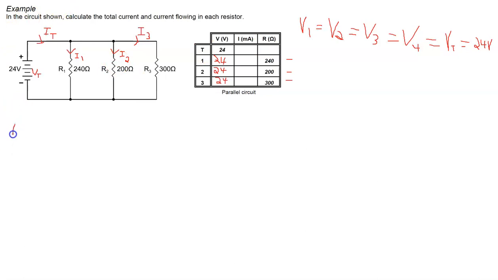And so in this one, I can use the reciprocal formula, or if I've got a calculator with a command line, I can make this a little bit easier by saying that this is equal to R1 to the negative 1 plus R2 to the negative 1 plus R3 to the negative 1, all to the negative 1.